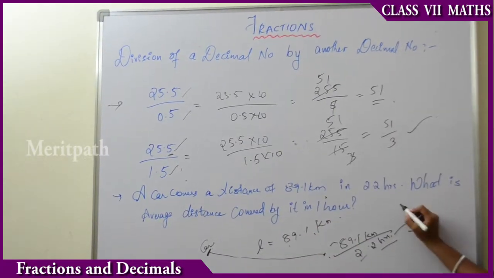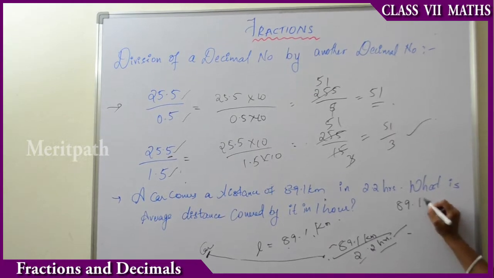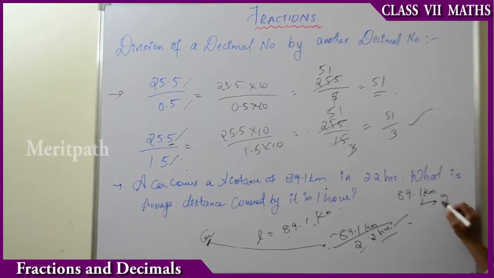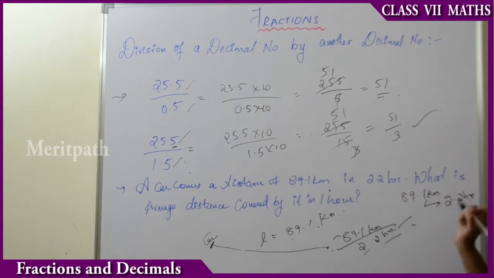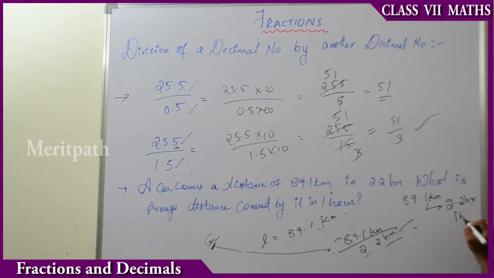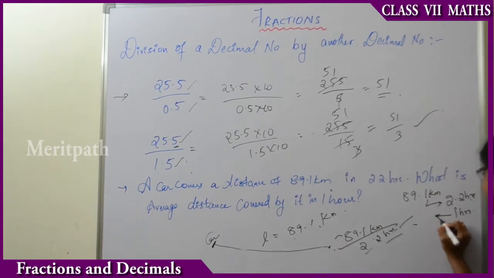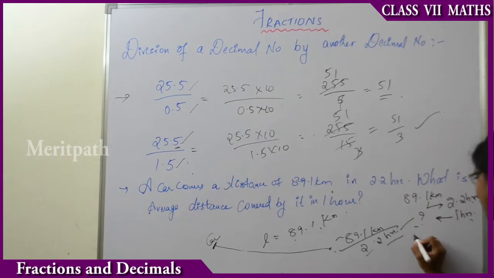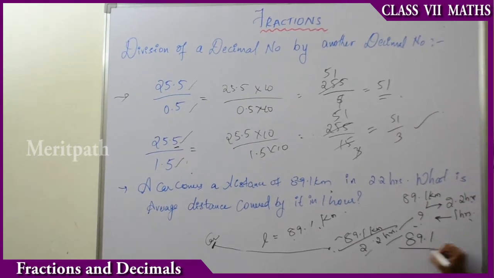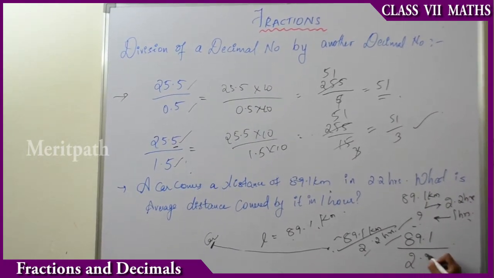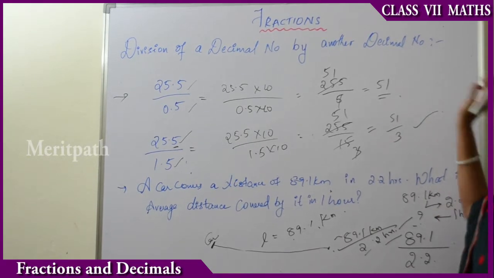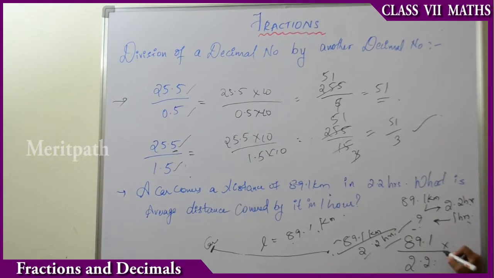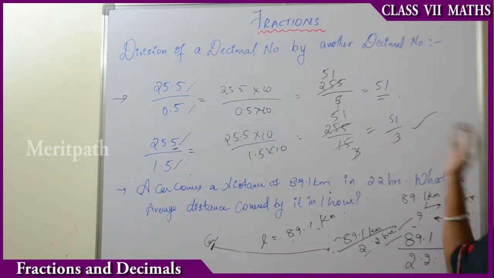That means for 89.1 kilometers it is taking 2.2 hours, right? So for traveling for 1 hour, how much distance does it cover? That is cross multiplication. That is 89.1 divided by 2.2, which is the same as division of a decimal number by another decimal number.